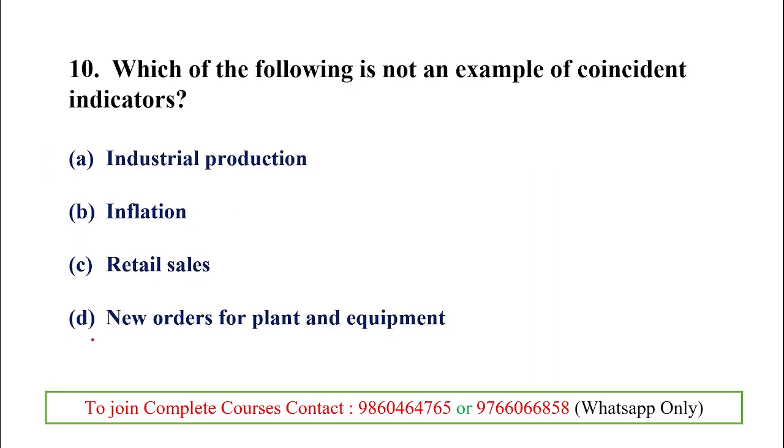Okay. Then which of the following is not an example? Here, not an example of coincident indicators. Coincident indicators: industrial production, inflation, retail sales, new orders for plant and equipment. Here, what is not the example of a coincident indicator?